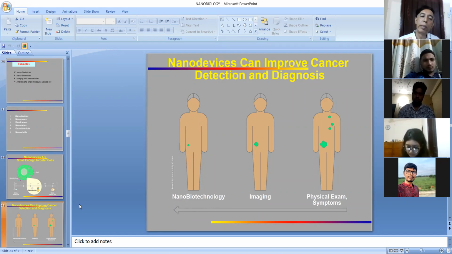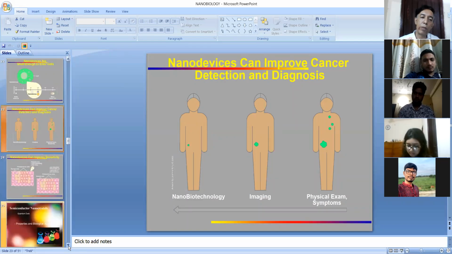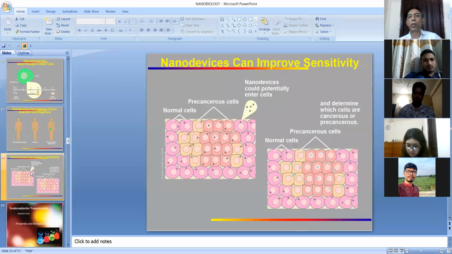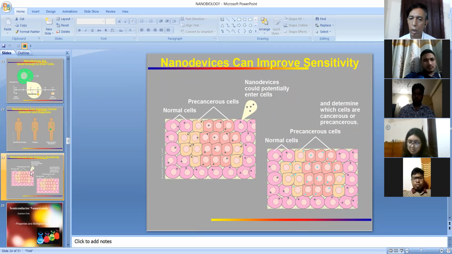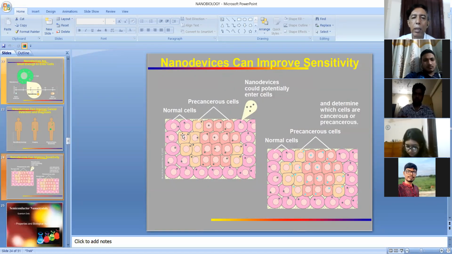So this is the use of nanobiotechnology, and you see here, nano devices can improve sensitivity. Nano devices are very specific. Now, for a person, these are normal cells, and say this yellow one is a precancerous cell.